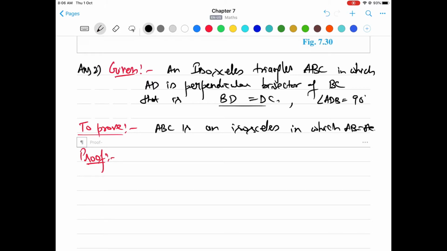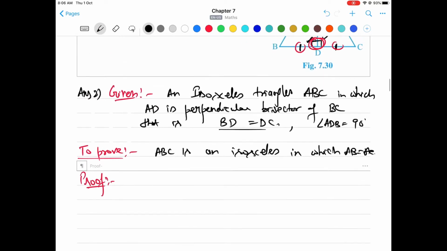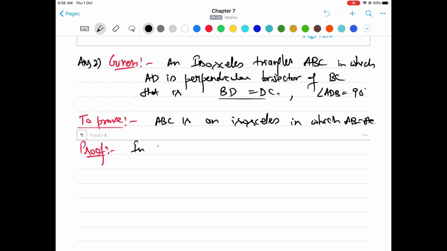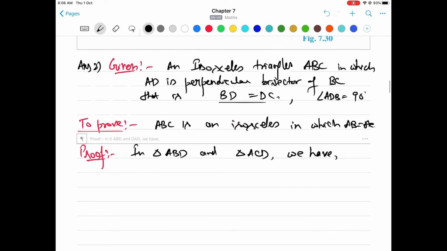Okay, so let's write the proof. In triangles ABD and ACD, we have BD equal to DC, as AD bisects BC. Reason for this one is AD bisects BC.